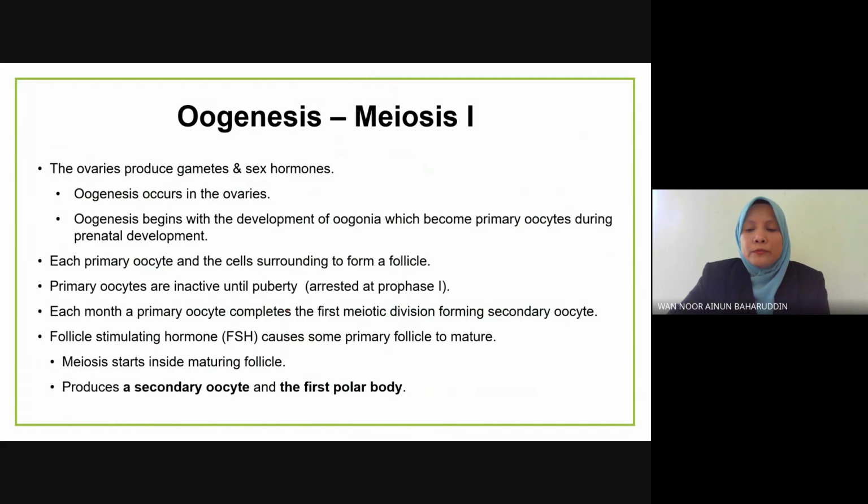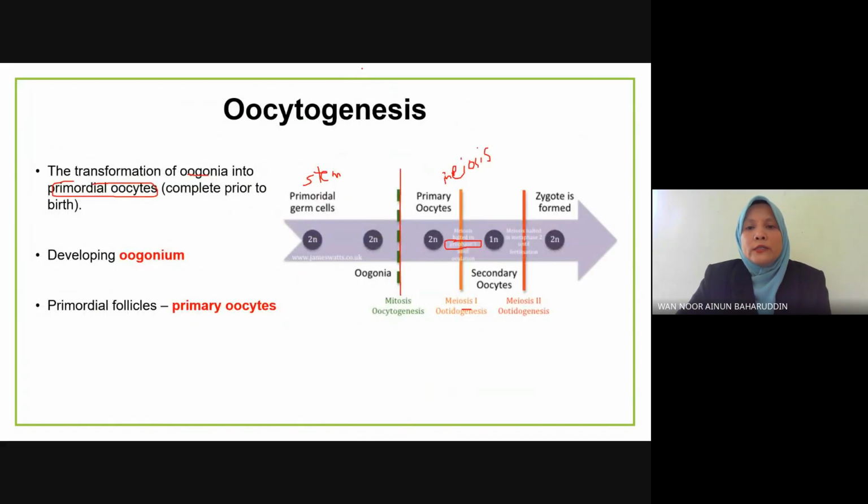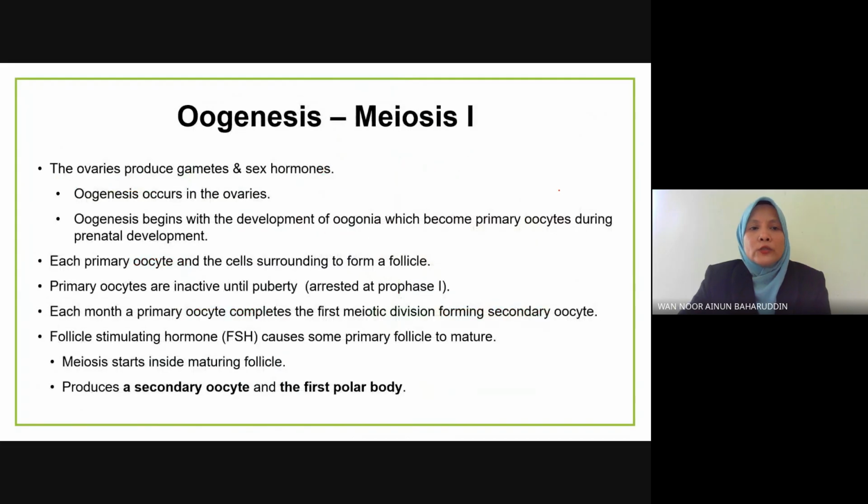Then we go to meiosis 1. After the primary oocytes are there, they undergo meiosis 1. The ovaries produce gametes and sex hormones, and oogenesis mostly occurs in the ovary.